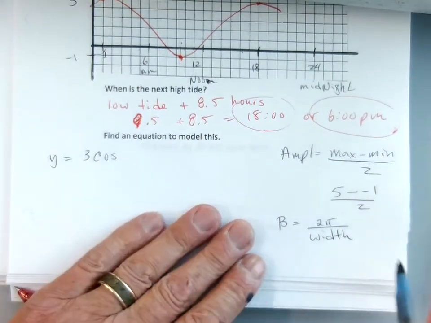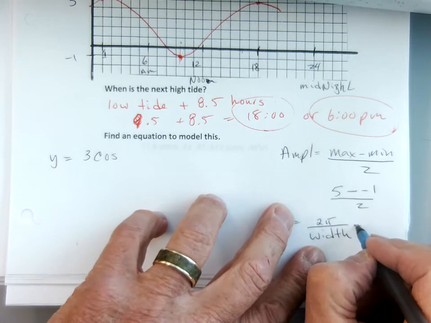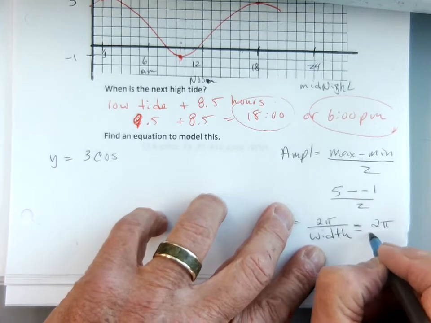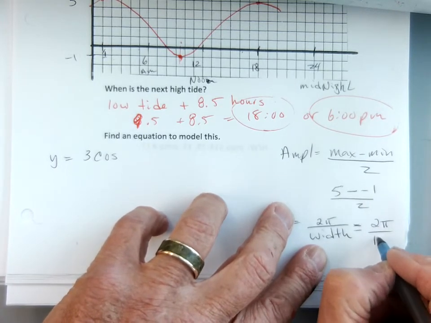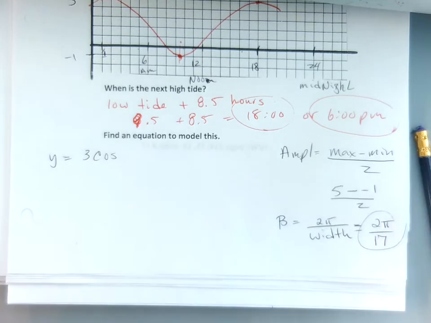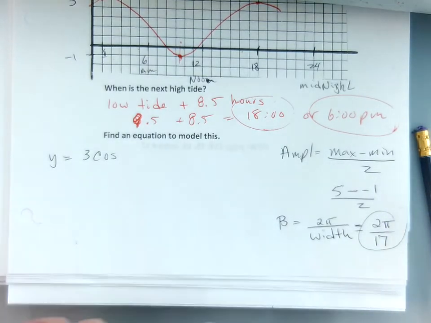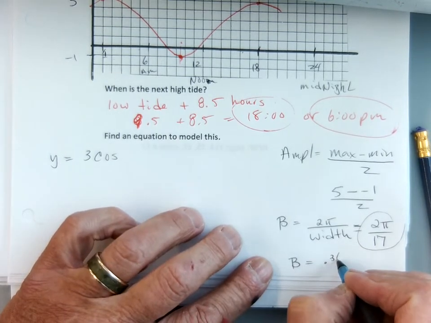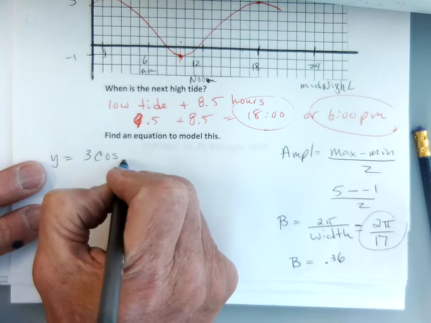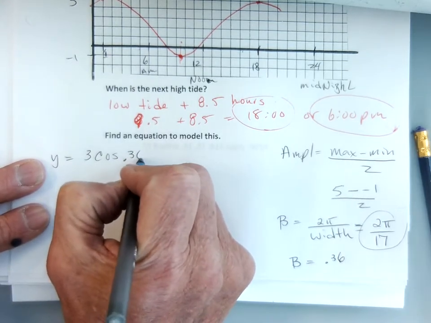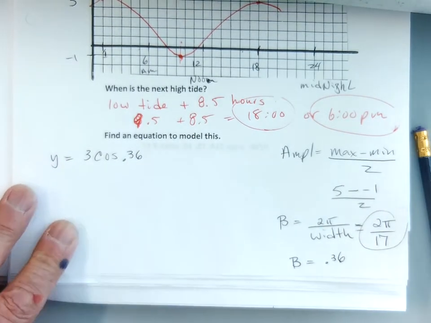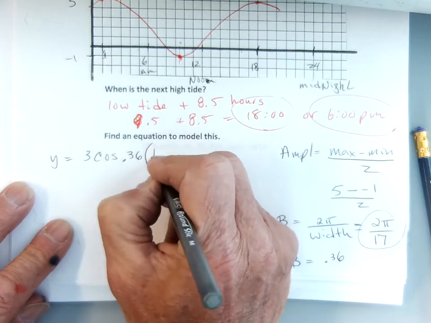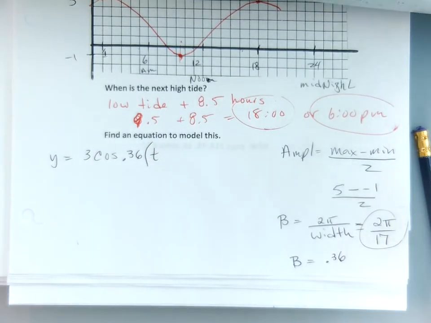So my frequency is going to be 2 pi over 17. Now I'm going to change this to a decimal just because it's going to make it easier, okay? You all right with that? What is it? 0.36. Okay, so I'm going to write my 0.36 here. T for time. You okay with T for time instead of X?